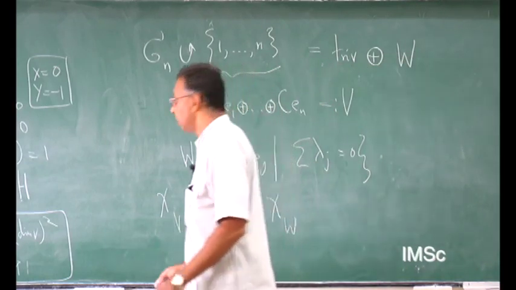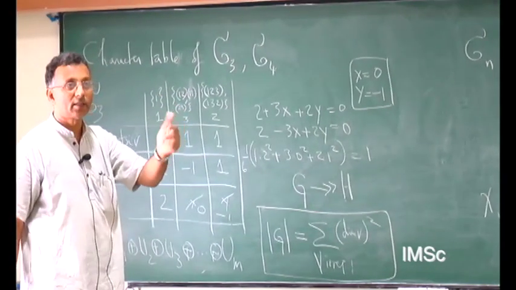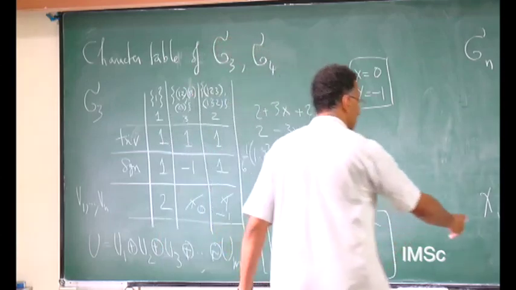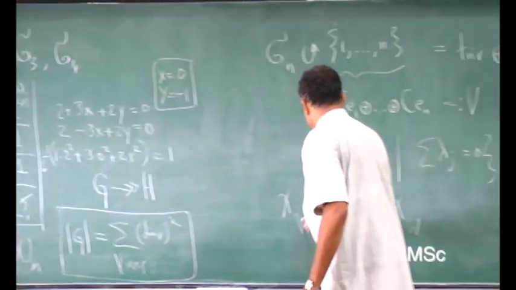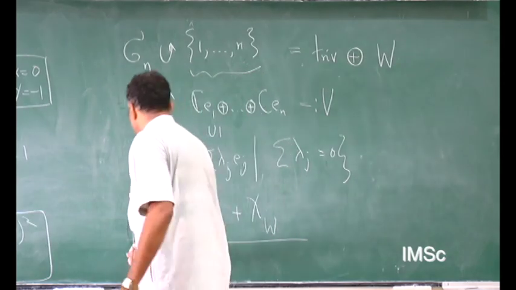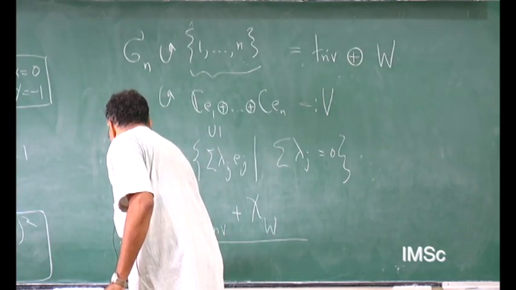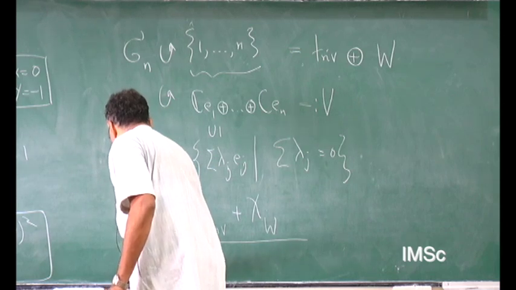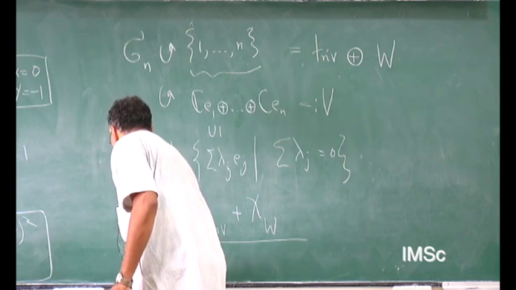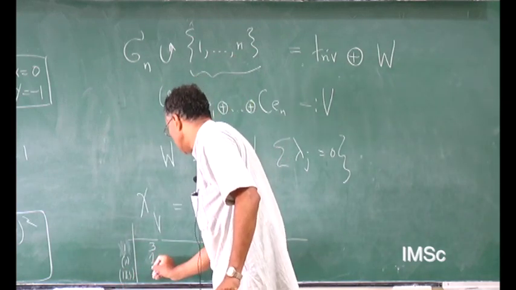What is chi V? Chi V on this is how many elements it fixes, right? So chi V on 1 is of course 3. Let's make a table. There is 1, there is 1, 2, and there is 1, 2, 3. So these are the values. This is 3, this is 1, this is 0.